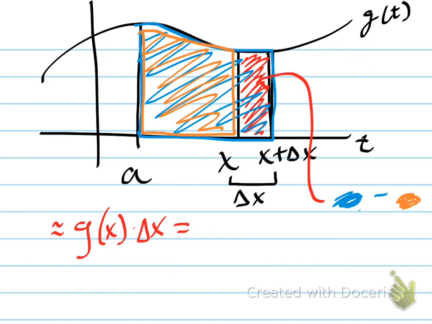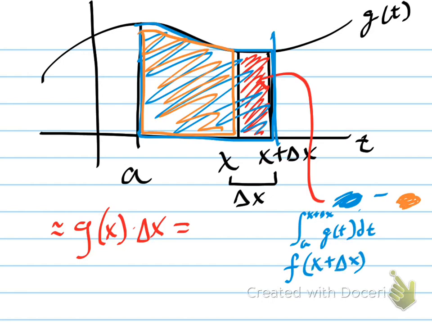So since my blue region stops at x plus delta x, my blue space is the area from a to x plus delta x underneath g of t dt, which is a convoluted way of saying f of x plus delta x. And likewise, my orange space, I'll skip the intermediate step, it's not really needed, is the area from a up to this x, and that's defined as our area function f of x.